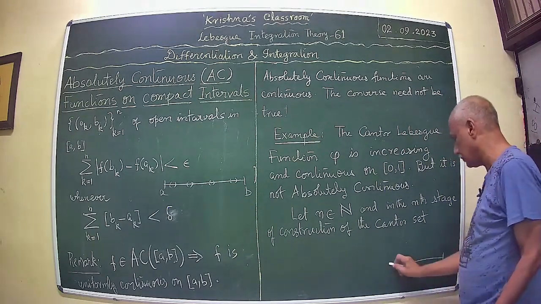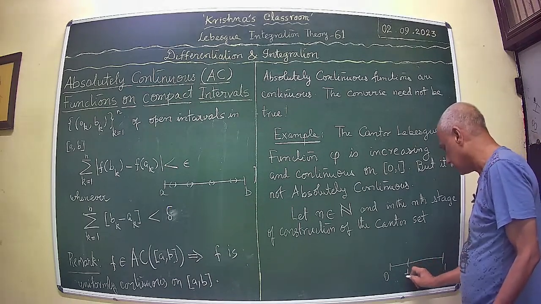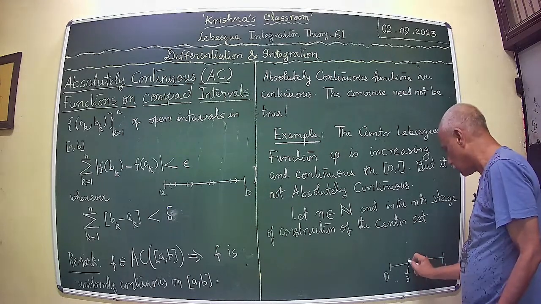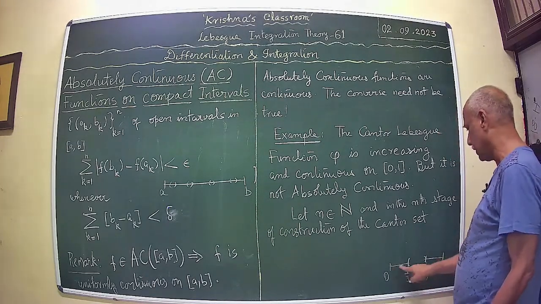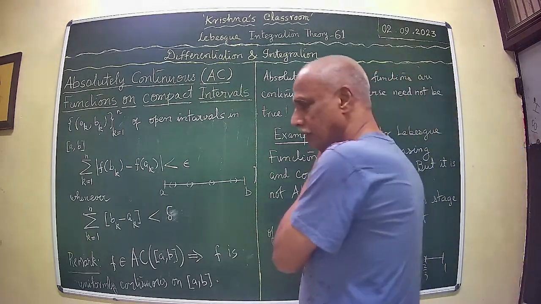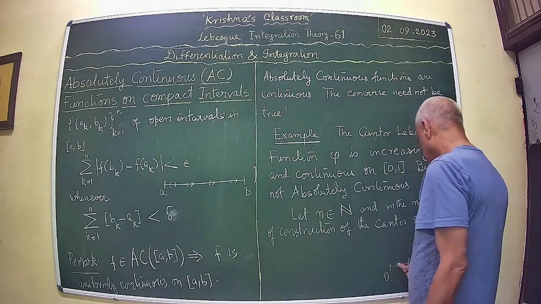We take the interval [0, 1], drop the middle 1/3, and then you are left with two closed bounded intervals. Once again, you take the middle 1/3 of each and drop that.